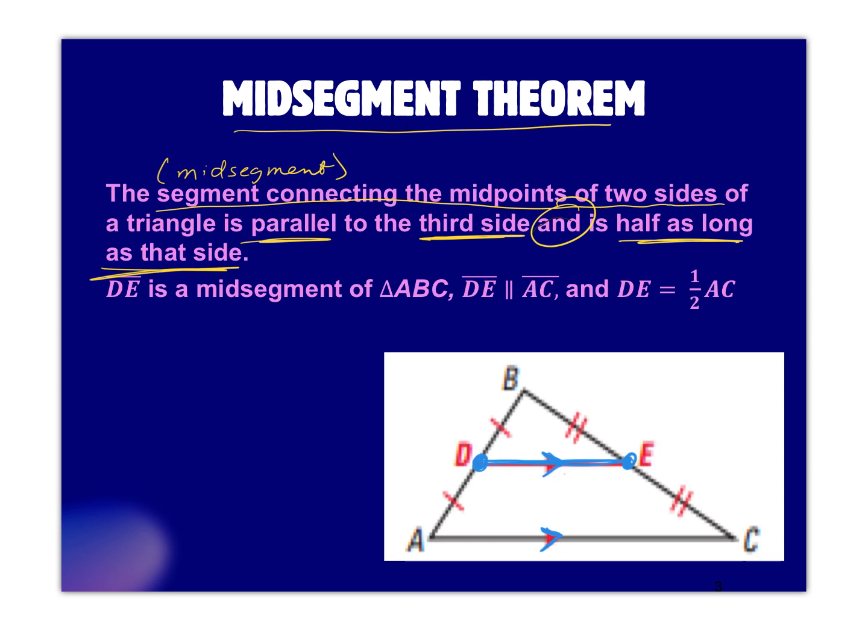So this theorem gives us really important information. If DE is the mid-segment of triangle ABC, I know that line DE is parallel to line segment AC, and I know that DE is going to be half of AC. I'm also going to know a lot of important information regarding angles now.